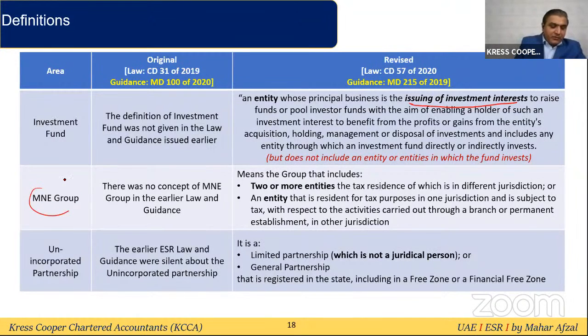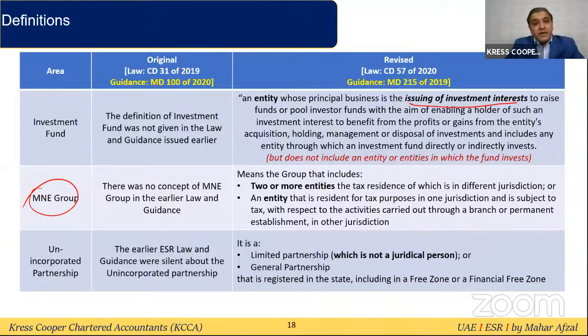MNE group definition has been introduced. There was no proper definition of MNE in the previous cabinet decision, but in the revised cabinet decision, they said two or more entities which are in different tax jurisdictions, or a parent company and branches in different tax jurisdictions, will be called an MNE group.